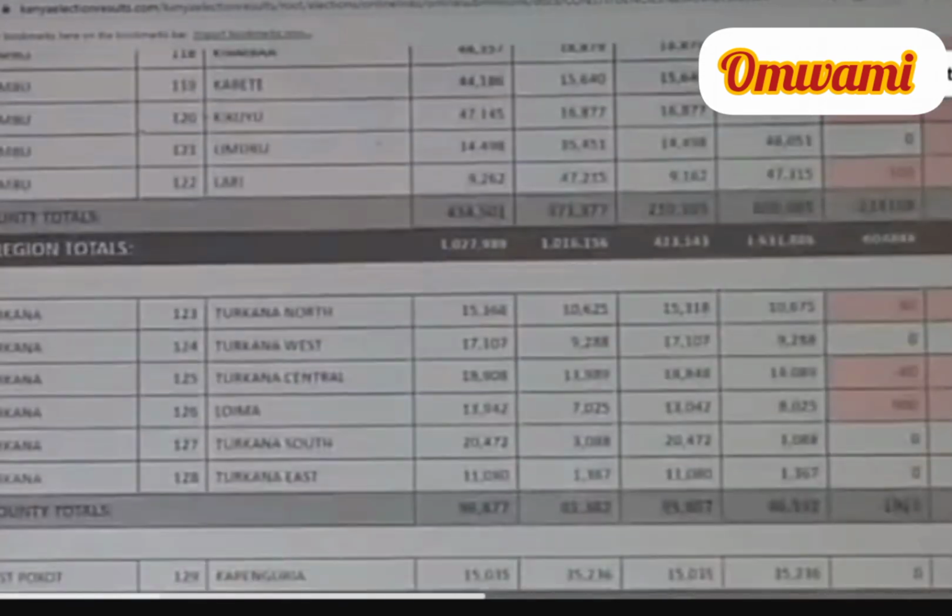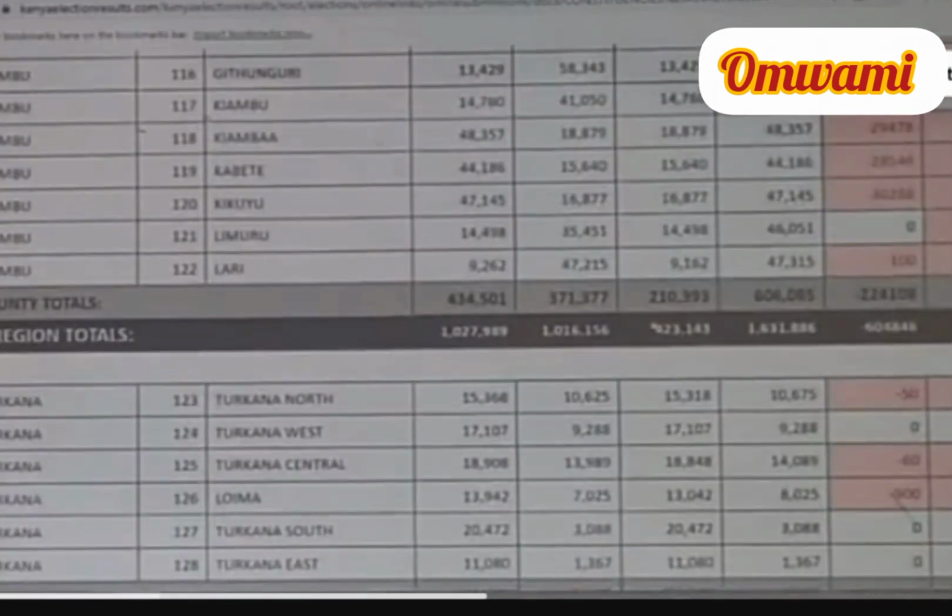Now, we come to Central Province. Now, in Central Province, we have against Dr. Ruto's 1.6 million votes, while when we add onto the other side, Jacom should be having 1.027 million votes and Dr. Ruto million votes.